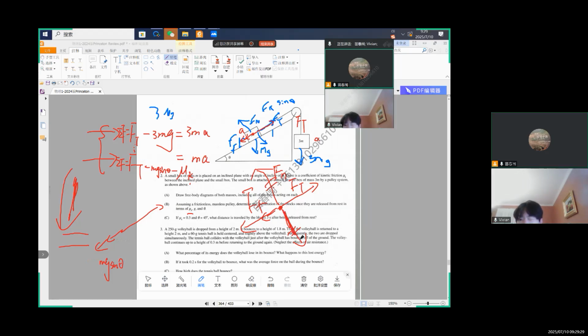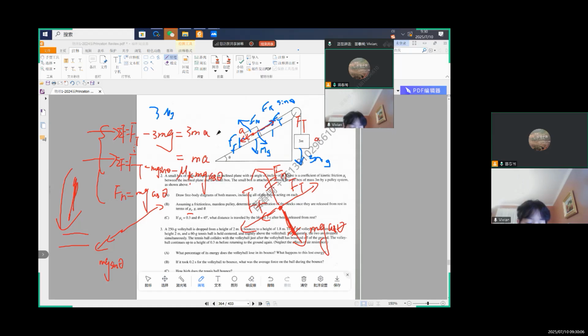Oh, that's a component of gravity, because I basically resolved gravity. But this is another component, which is mg cos theta. So Fn equals mg cos theta, so friction is mu k times mg cos theta. Does it make sense?